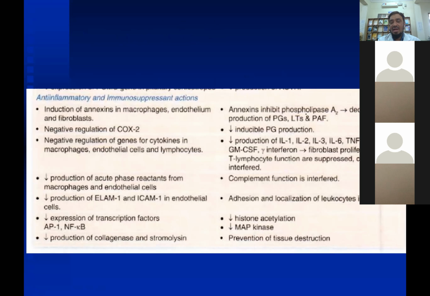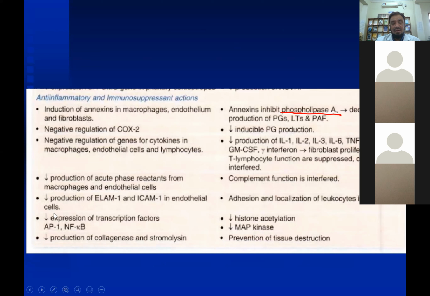inhibits the phospholipase A2. This phospholipase A2 is inhibited. So the initial step in the synthesis of prostaglandins, that is the release of the arachidonic acid, is inhibited.